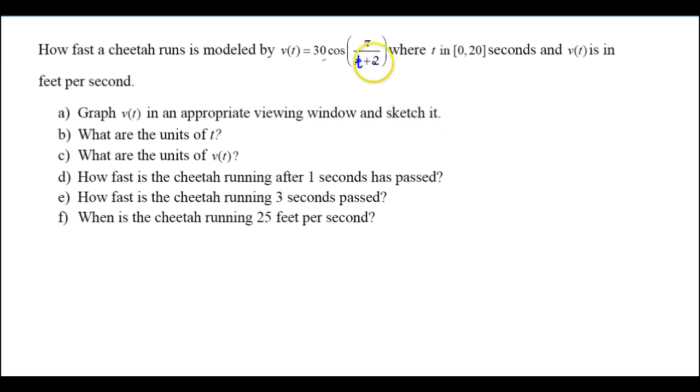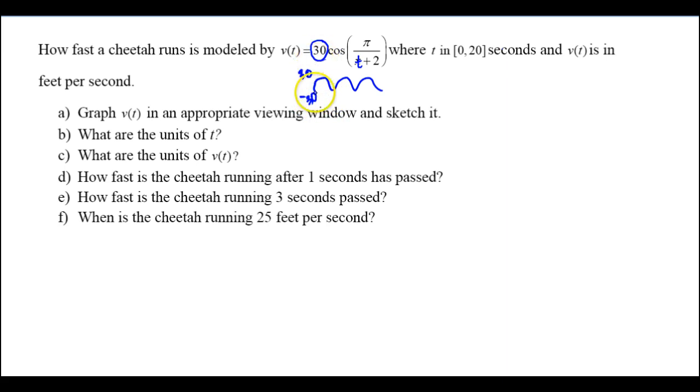So before we even jump to the calculator real quick, let's take a look at this original parent function, the cosine function. What we should know about cosine is that it oscillates between -1 and 1. Except that this 30 in the front is the amplitude of the function, which changes what the function oscillates between. So now it oscillates between 30 and -30.